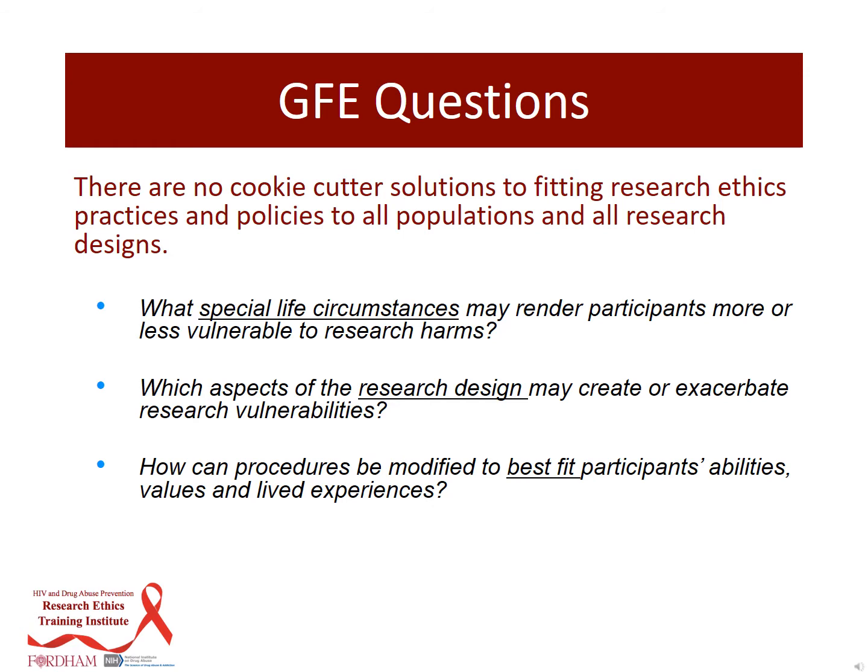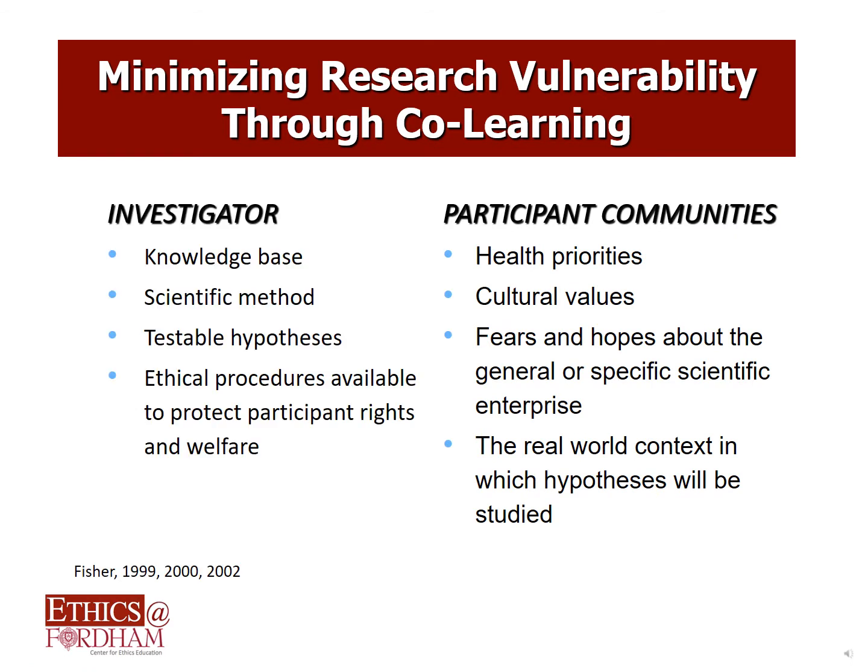So if you keep those questions in mind as you're developing your questions, then this can lead to knowledge that can help other investigators. So one way to minimize research vulnerability is through co-learning. Co-learning sees the investigator and participant as equals, but having different expertise. So you don't have to be the same to be equal. Our expertise as investigators is we know what the knowledge base is.